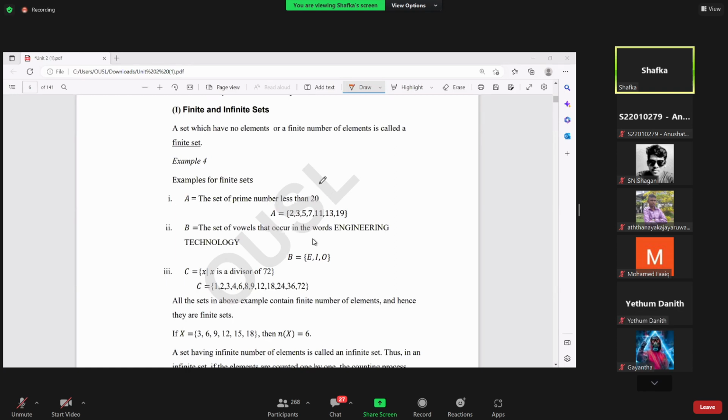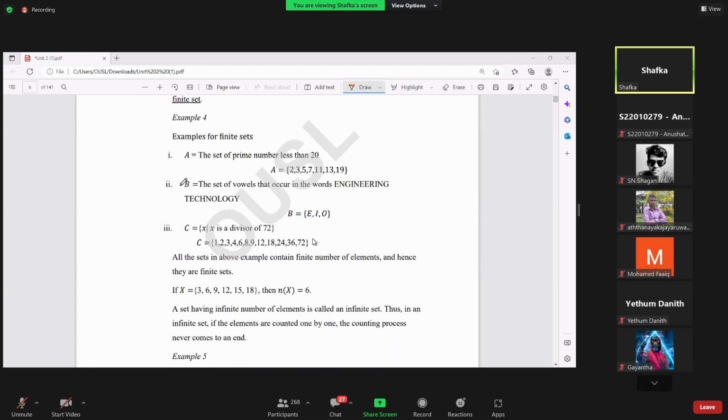Finite and infinite. Consider the second example. Is this correct?